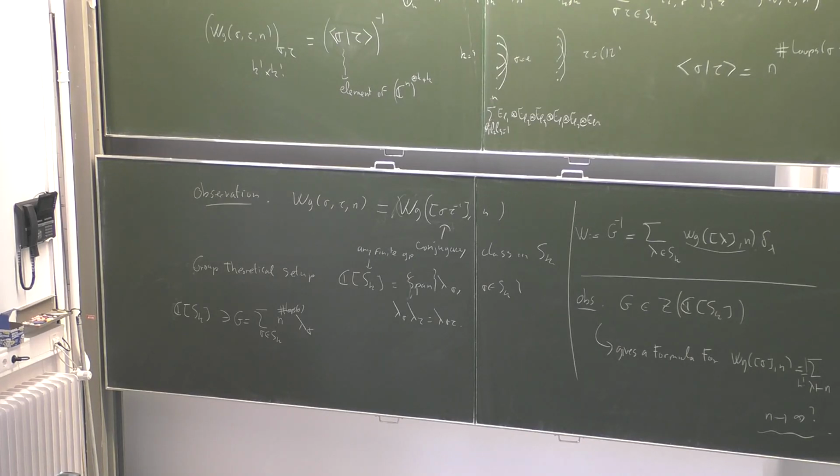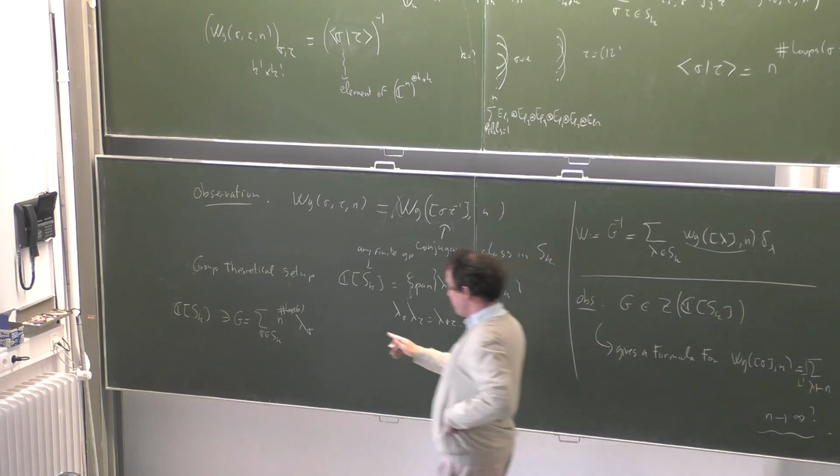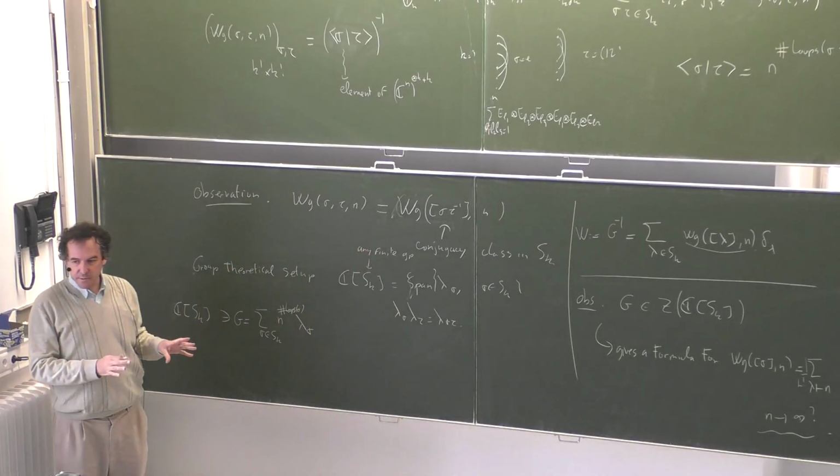So here are some strategies to understand the large n behavior. The first, the naive strategy, is to say that if I write n to the minus k times G, the number of loops, I mean, I said something like this yesterday, but I'm just rephrasing it.